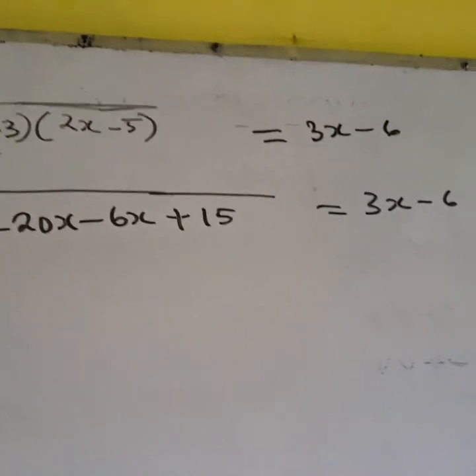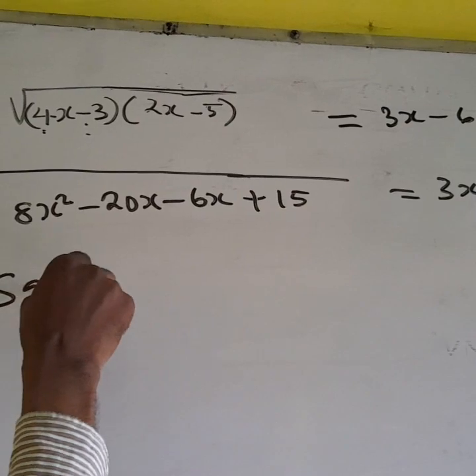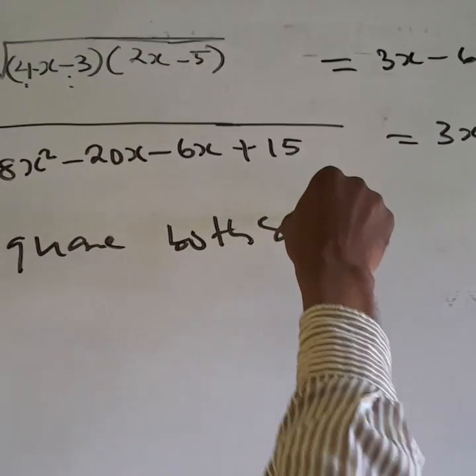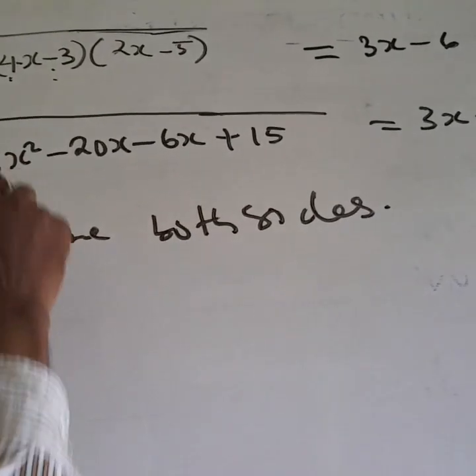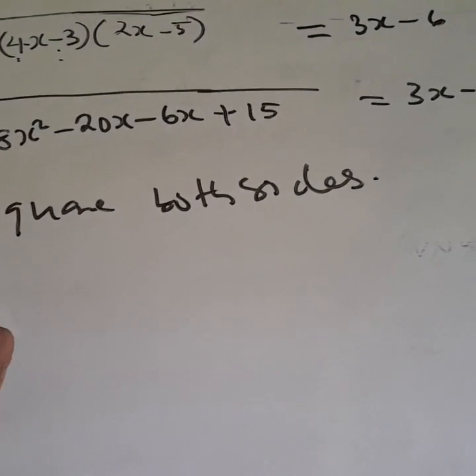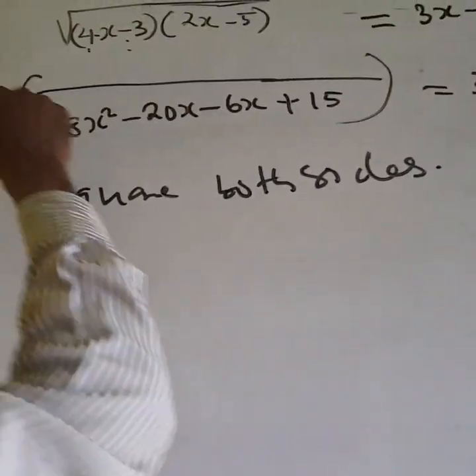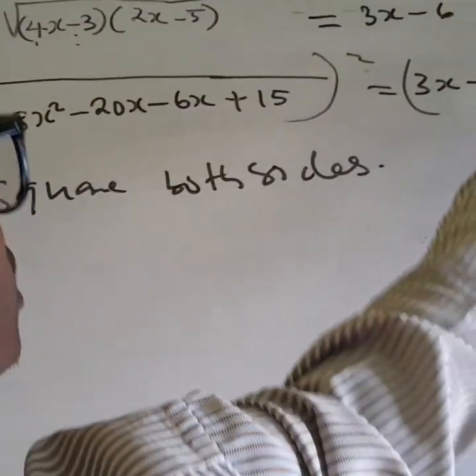Now at this juncture, we want to remove what is inside the square root. We can square both sides. You square this side and you square this side.